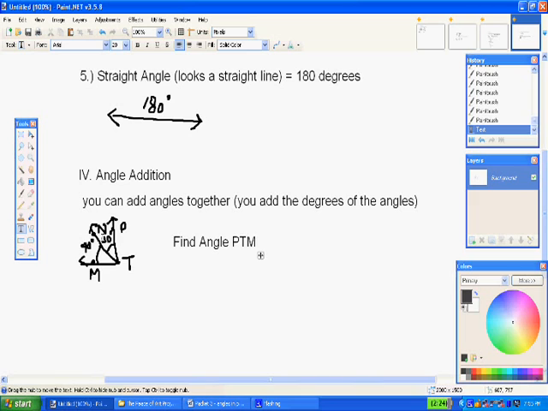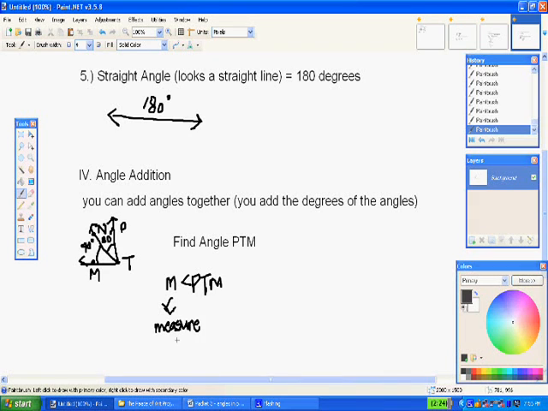So what we need to do is add the two smaller angles together. Our equation to find the measure of angle PTM, and this little symbol right here just means measure of, is we add the two smaller angles together: measure of PTN plus measure of NTM.